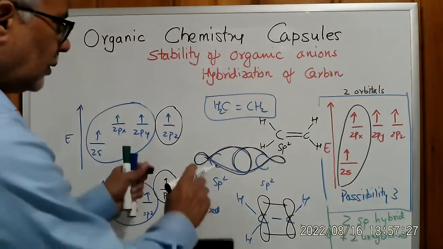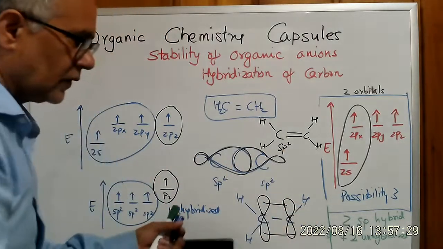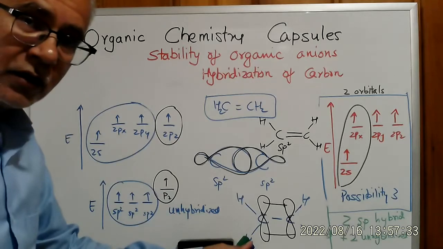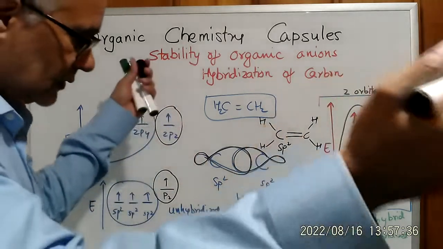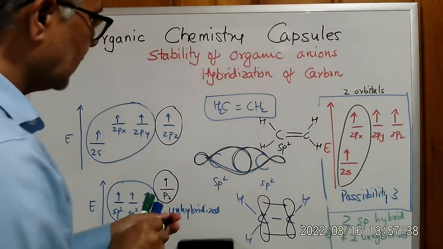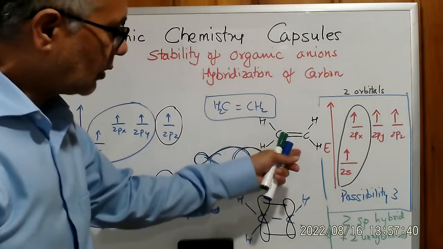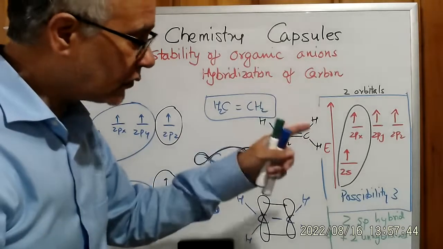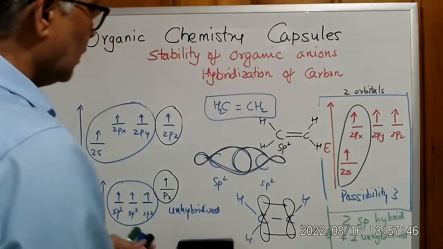So, the versatility of carbon: we are seeing that it can form sp3 hybrid orbitals, which lead to so many compounds, and then carbon can also utilize sp2 hybridization to form compounds with carbon-carbon double bonds.